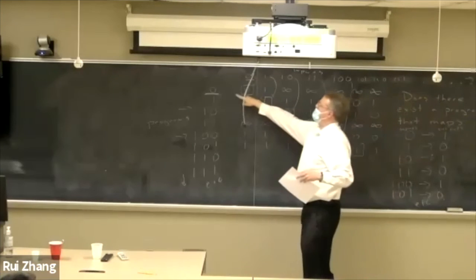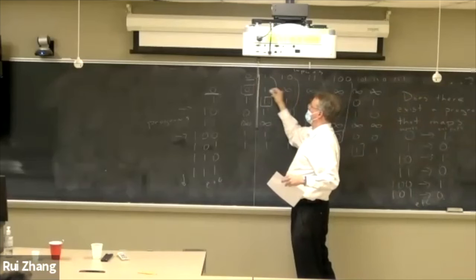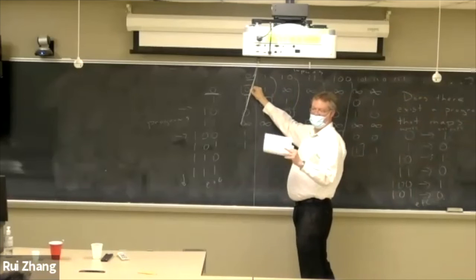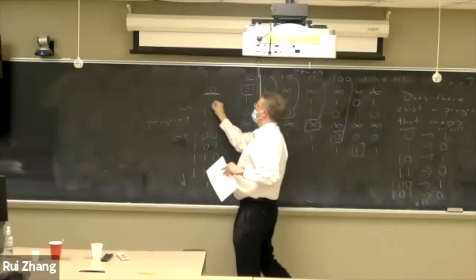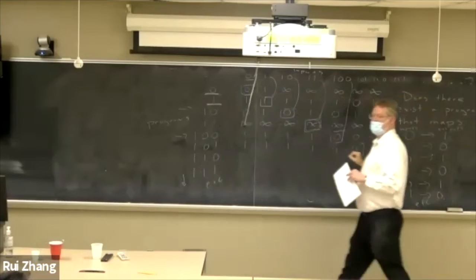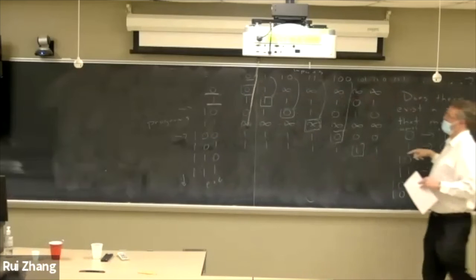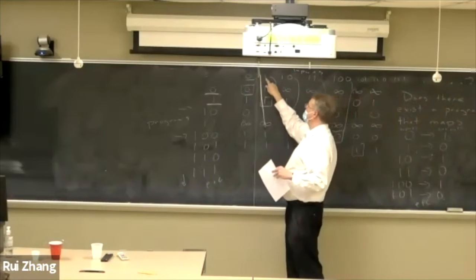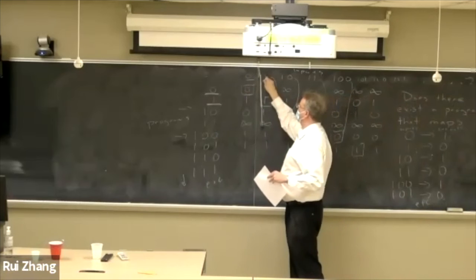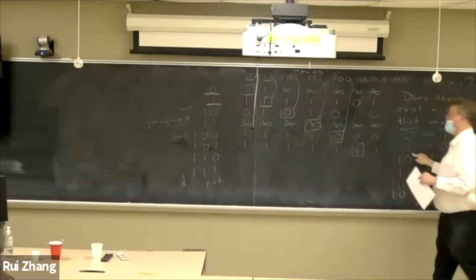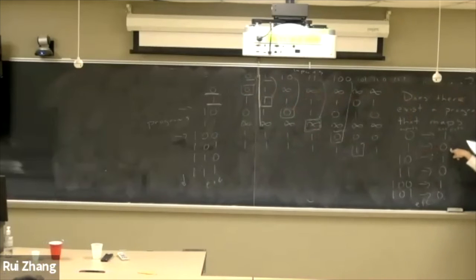So no matter what this thing does on all other positions, it's not giving the correct value. What about this program here? Why is it not giving all the correct values? Oh, because it's the diagonal element. So we already know that this program on this input gives a 1. That means on input 1, it's not giving the right value. So each one of them fails at a specific location, just at one spot, right?